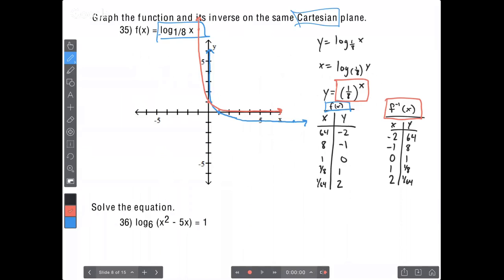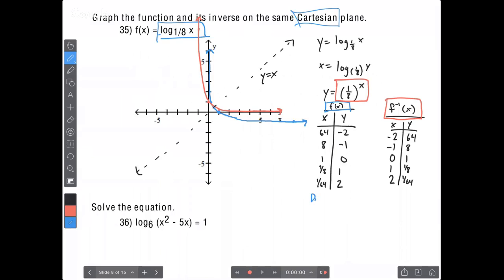Cool. We know that functions and their inverses have symmetry about the line y equals x. So just to be cool, we could plot that line in there. We know that the two functions could flip around that line y equals x, and they would be mirrored onto one another. We know that the domain of one function is going to be the range of the other, and the range of one function will be the domain of the other.